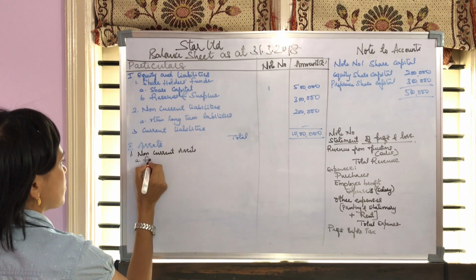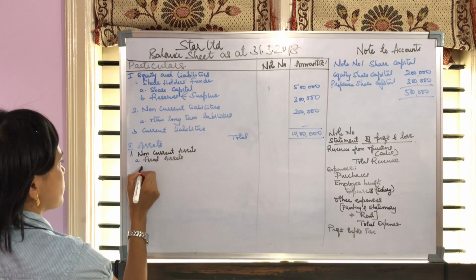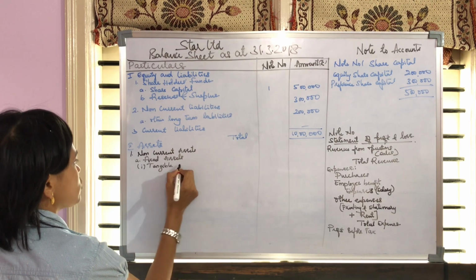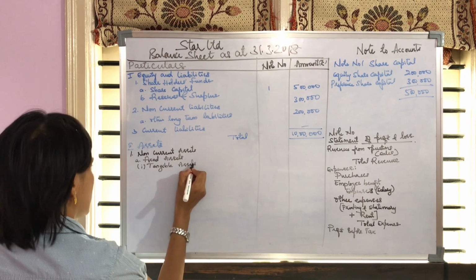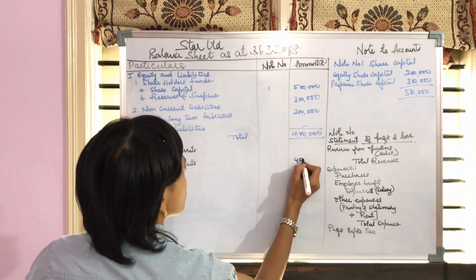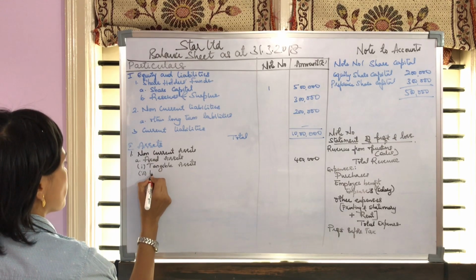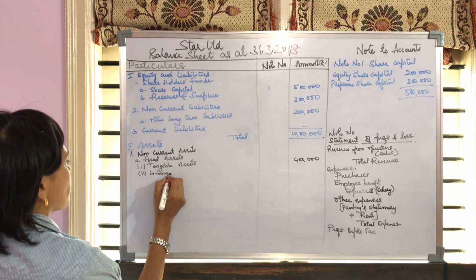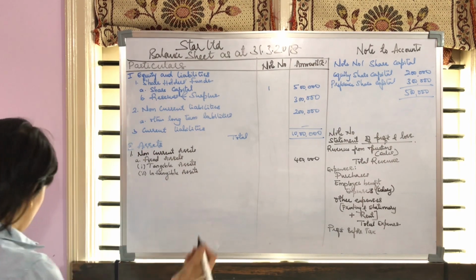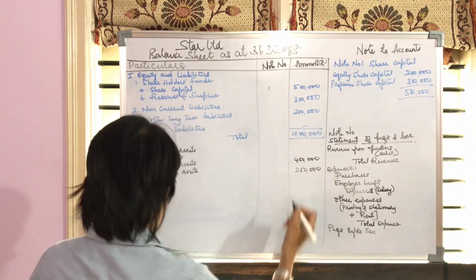Under that, fixed assets, tangible assets, amount rupees 4 lakh given in the question directly. Intangible assets 2,50,000, again information given directly.